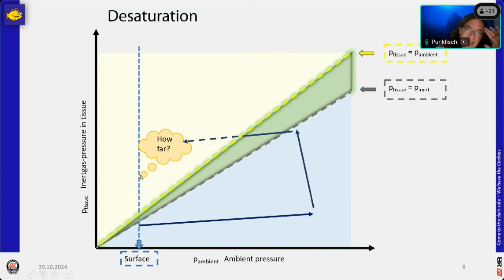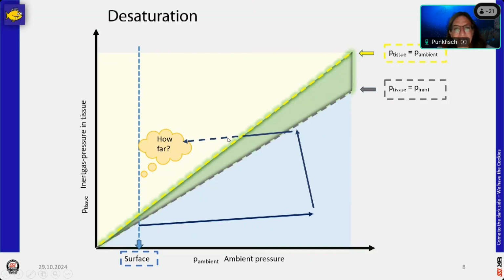An idea to think about: we could for sure stay in this area and try to get out of the water by only staying in this area and always waiting until a tissue has desaturated long enough that we never cross this line, but this would take ages. We would never get out of the water. So this is not practical.